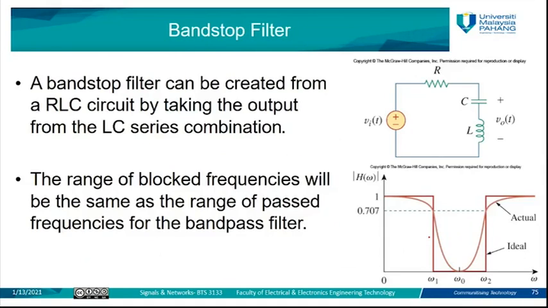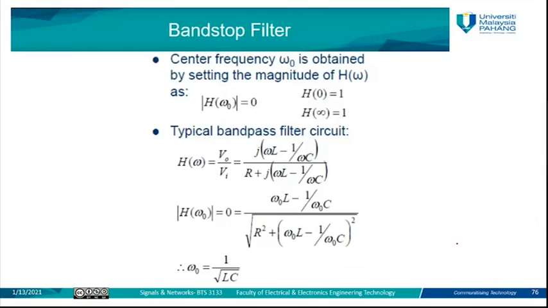For the band stop filter, it's also the same RLC circuit, but the output here is taken across the two elements, the capacitor and inductor together. When we want to calculate the transfer function, we need to find the value of omega naught. Omega naught in this case will be the same as for the band pass filter, which is 1 over square root of LC.